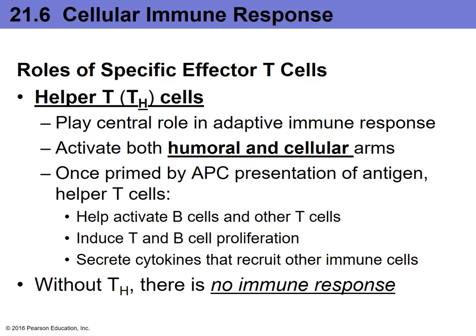So once that antigen presenting cell has engulfed the foreign substance, it presents the antigen, activating the CD4 cells, which become the helper T cells. If you do not activate the helper T cells, you're not going to have any immune response. And just so you know, the one thing that the HIV virus does is that it interferes with or inhibits the CD4 cells.